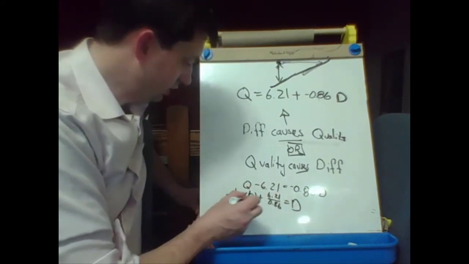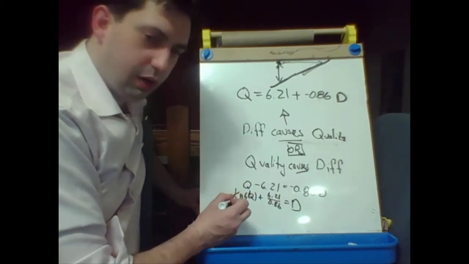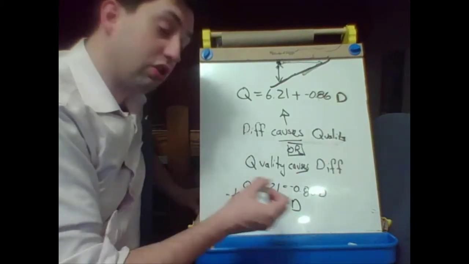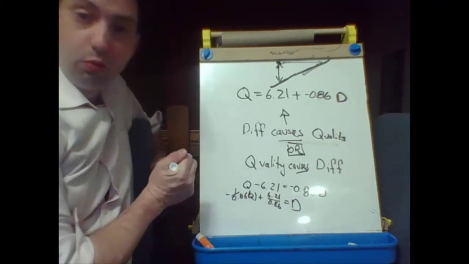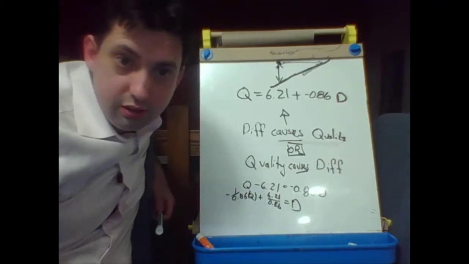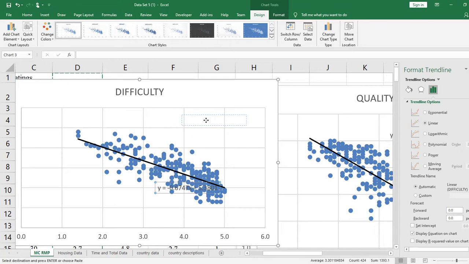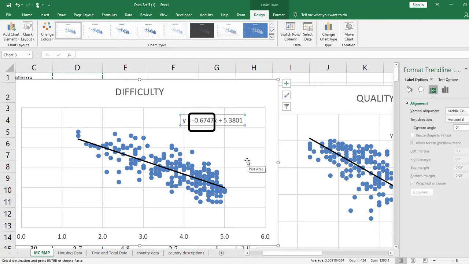So the coefficient of 1 over 0.86 is clearly going to be greater than 1. But when we rerun the regression, it's not greater than 1 at all.